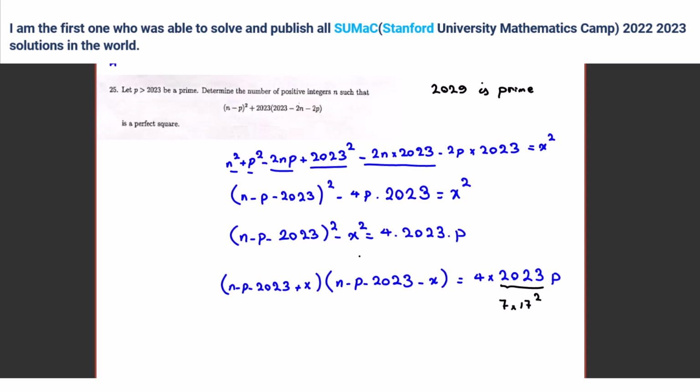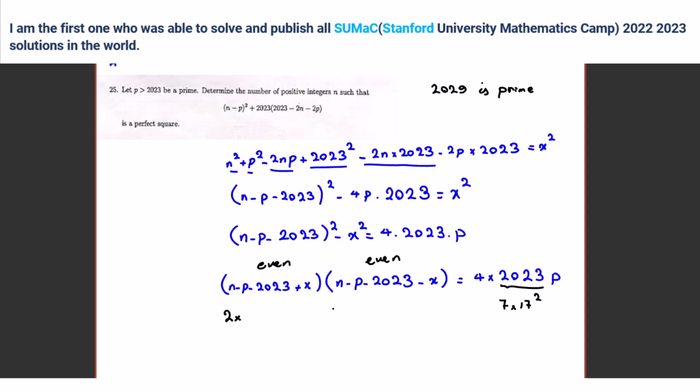So which of them is acceptable, both odd or both even? Both even. Why? Because there's a 4, and that means at least one of the terms will have to be even. Yes, if you have odd times odd, it would be odd, but here it's a multiple of 4, so this one should be even, this one should be even, right?